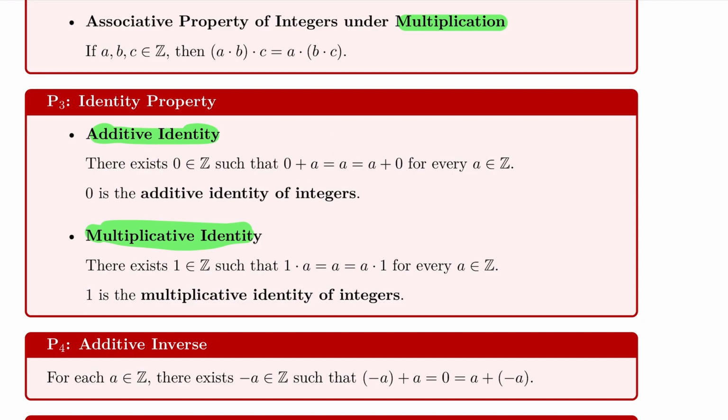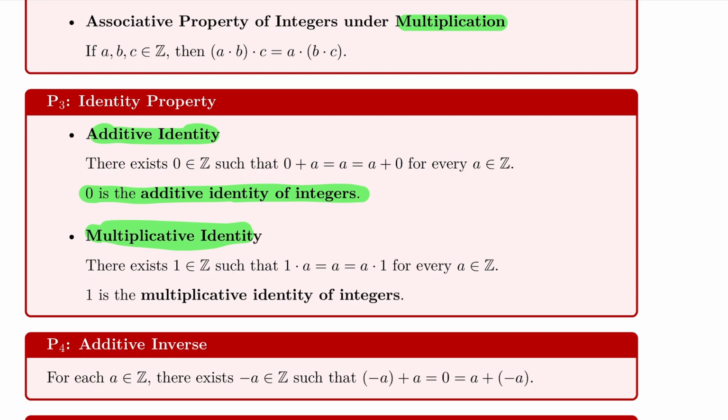It's like 0 is a mirror for a. Okay, when you add 0 to a, you're going to have just a. And a is any integer. So this means that 0 added to any integer a becomes just a. Okay, so we might say that 0 is the additive identity of integers.